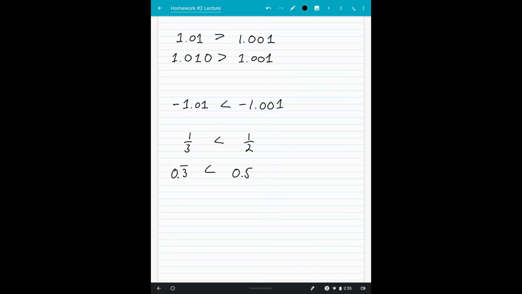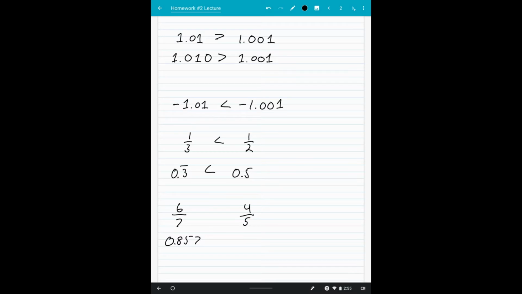But what if the fractions are a little bit more tricky? What if it's something like 6/7 and 4/5? If we converted 6/7, it converts to 0.857.